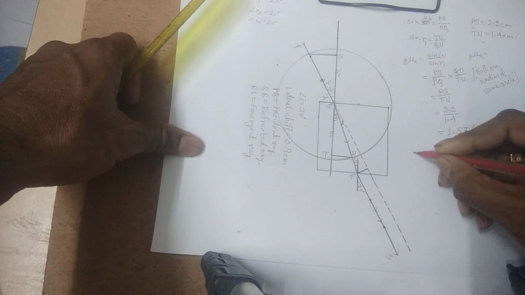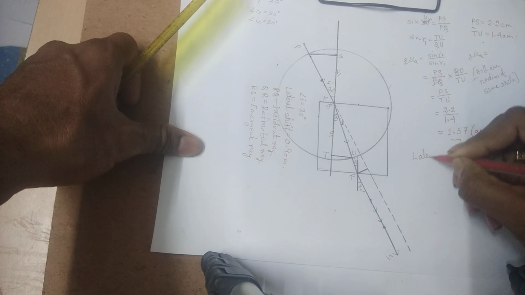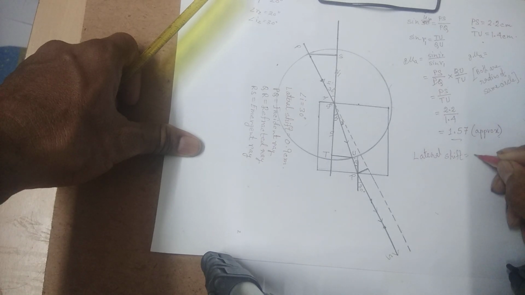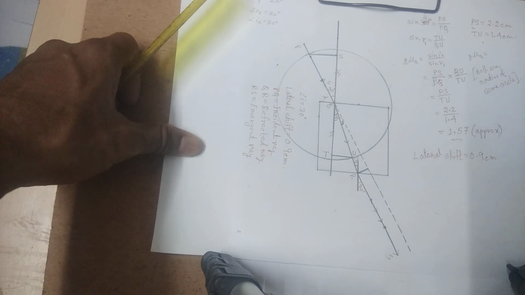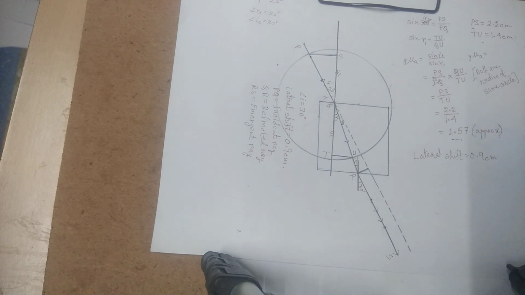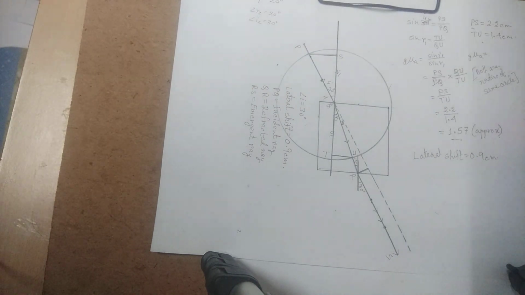Here you are writing lateral shift is equal to 0.9 centimeter. In this way, you can find the lateral shift and also the refractive index of a glass prism, right? We have found the refractive index and also the lateral shift. Lateral shift is 0.9 centimeter and refractive index of glass with respect to air is 1.57 approximately.